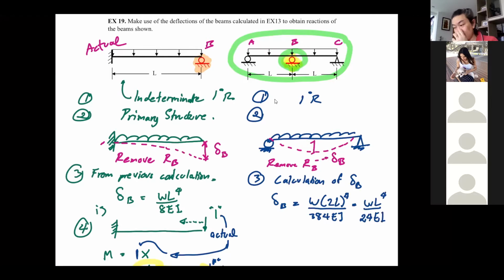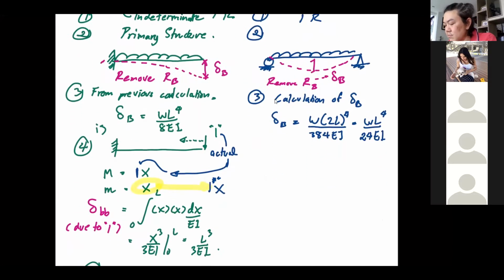Okay. So step number 4, we'll come back to the business of the calculation of the displacement or deflection caused by the reaction itself. Okay, so this is it. The same beam, the same primary structure, but this time we apply the unit force.